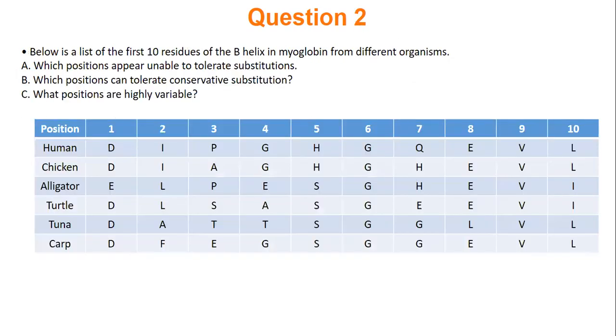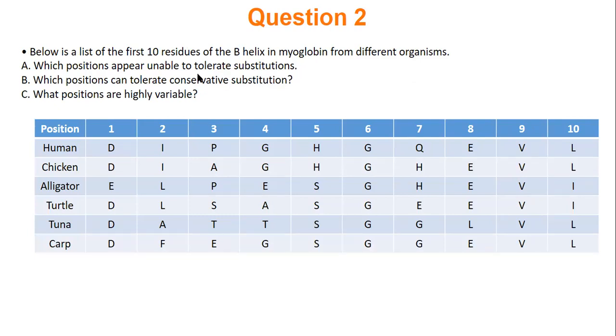All right. The last exercise I have for you today is to take that idea, but we're going to look at a fake sequence here, where let's imagine I took the same protein from six different organisms and lined up their primary sequence. For every position, I want you to tell me: is it unable to tolerate substitutions?